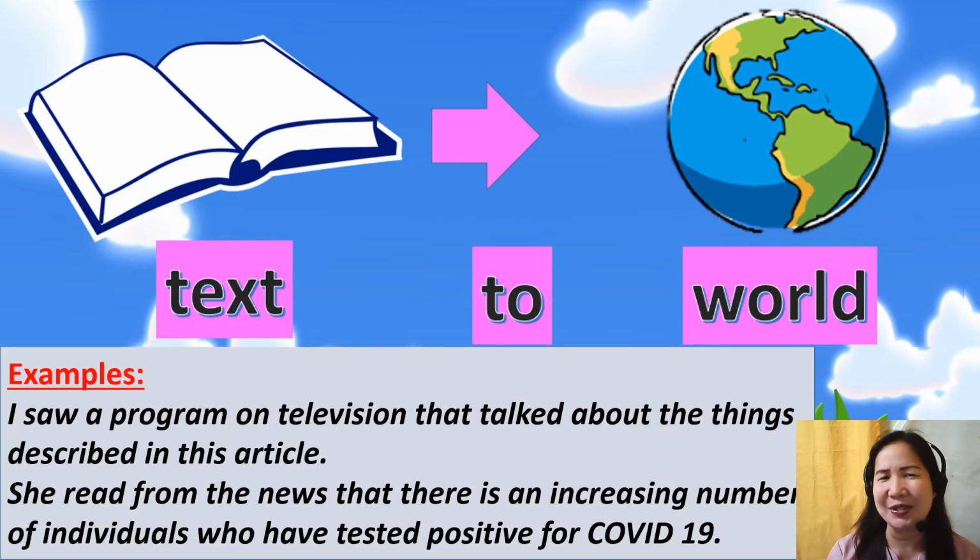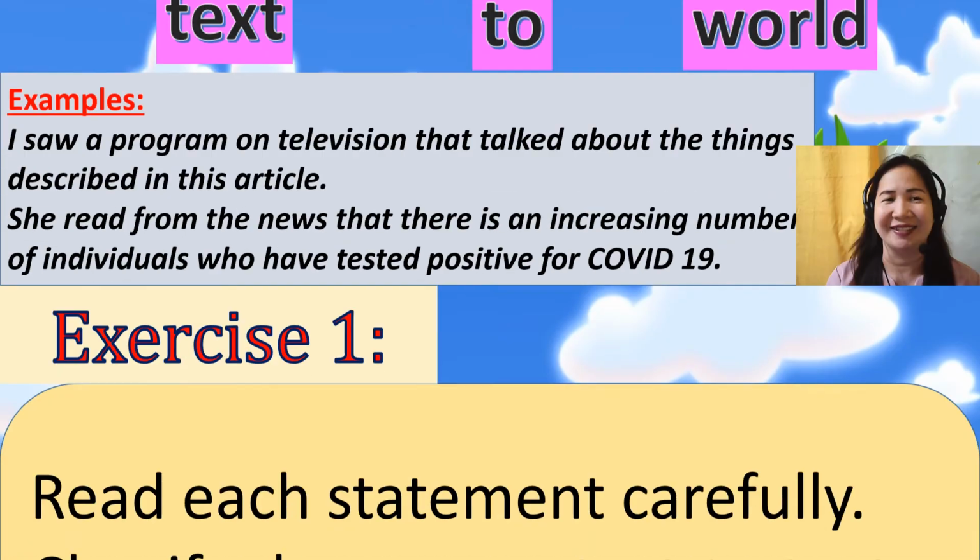As she reads the article, she reminds herself of a TV show that talked about the things happening in the world right now. That is how we connect. We connect what we have read, what we see, or what we watch. That is text-to-world connection.